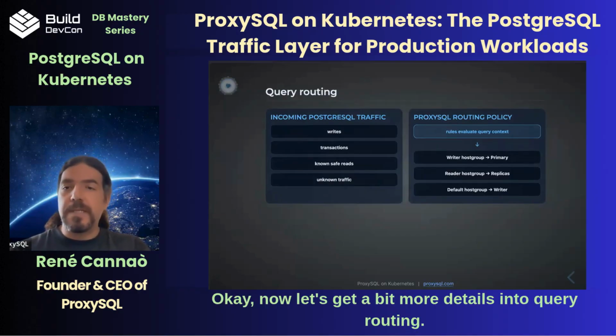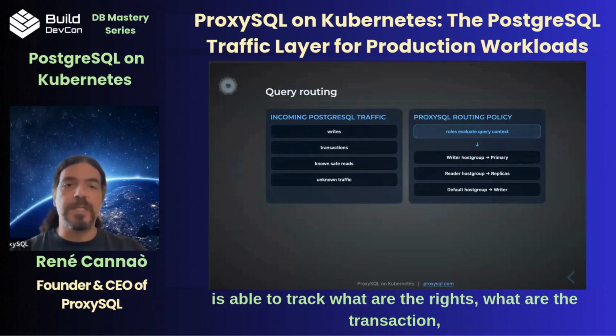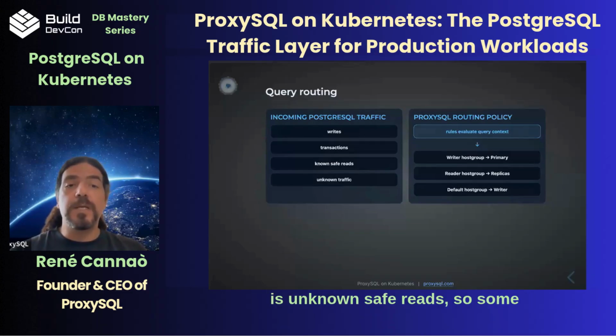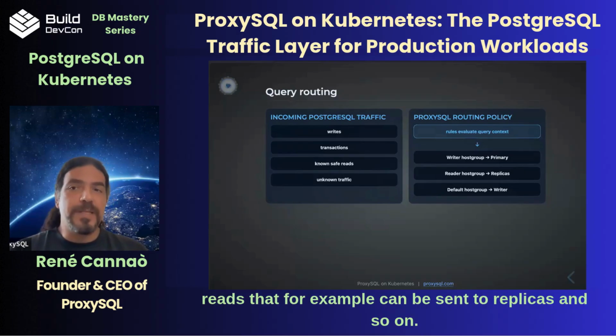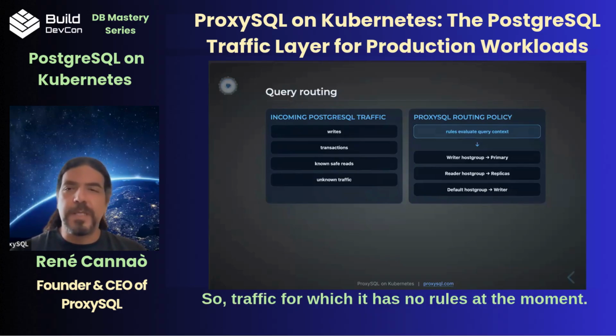Okay, now let's get a bit more into the details of query routing. When the application is sending traffic to ProxySQL, ProxySQL is able to track what are the writes, what are the transactions, and is also able to understand, according to configuration, of course, what are safe reads, some reads that, for example, can be sent to replicas. It also tracks what is unknown traffic, so traffic for which it has no rules at the moment.